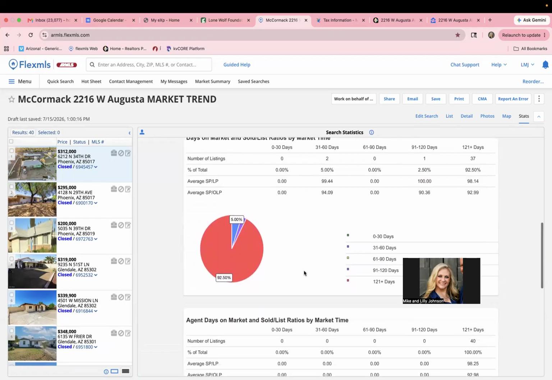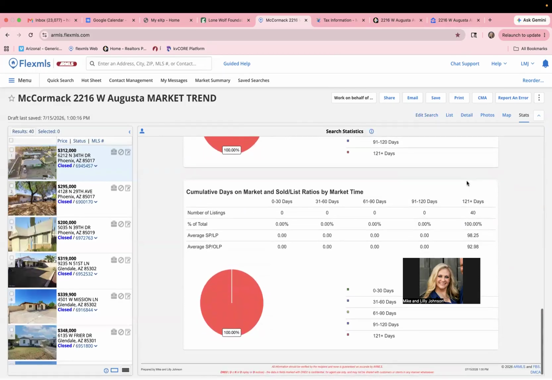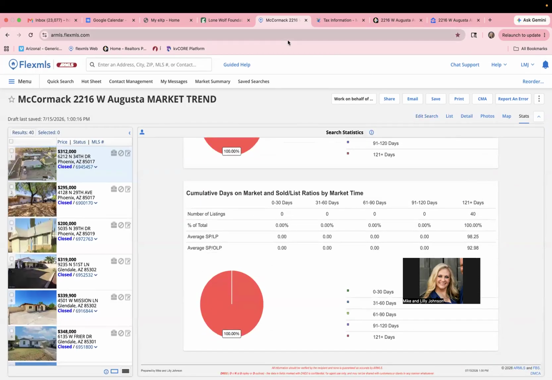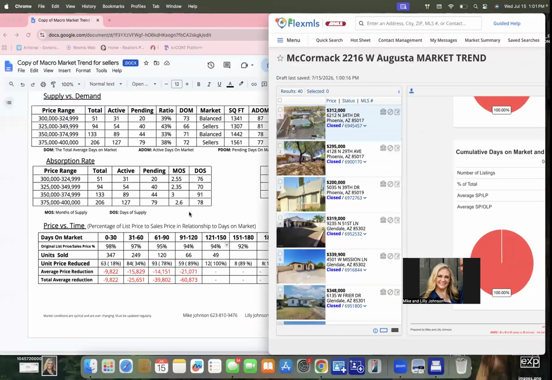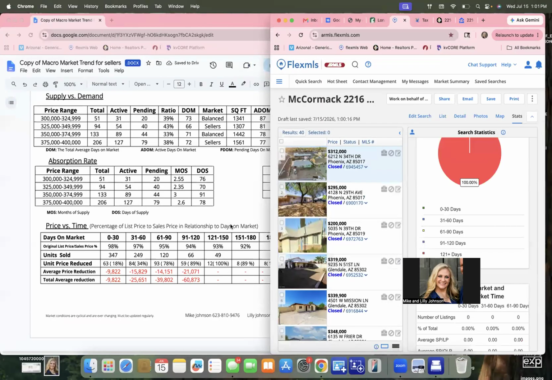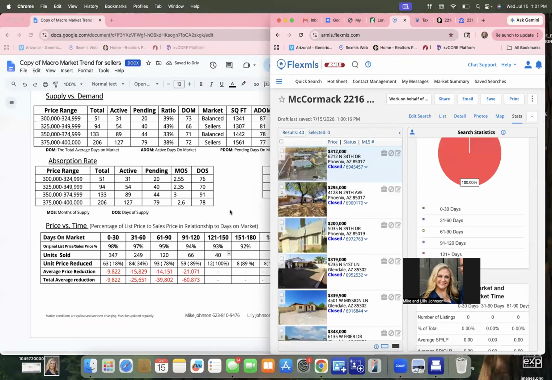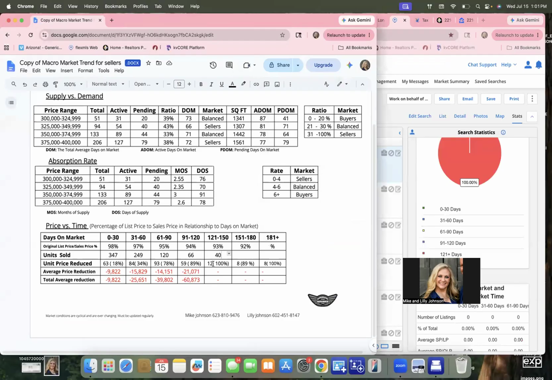So it's going to be 93%, 92.99 on this one. So I'll just say 93%, round up. That's 40, not 49. That must be an old number. Yeah, 40. And 35 had a price reduction.